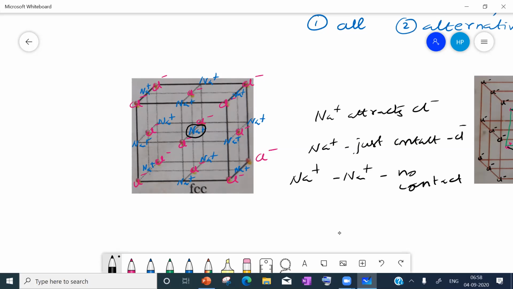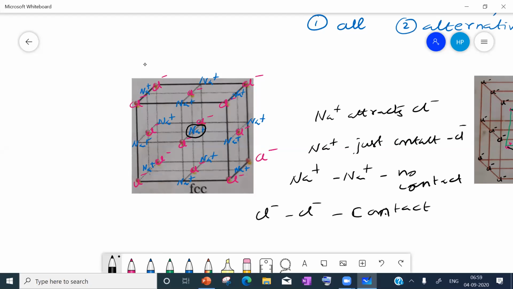Now why do you say that anions are just in contact, and then it is a stable situation? That is your question. Anions also have the same charge like cations. Why can't they repel each other? If a gap is there between anions, then stability is more, that is the meaning, no?